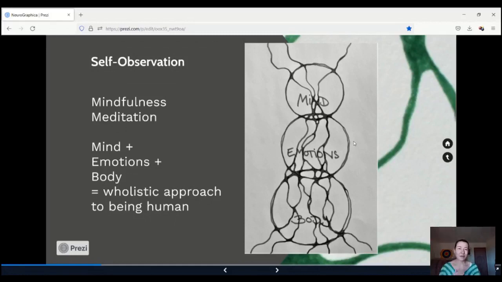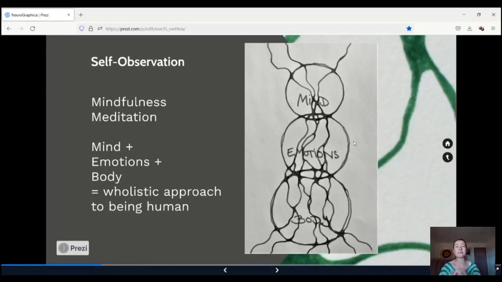With NeuroGraphica, that's not going to happen because an essential part of NeuroGraphica is to always check in with yourself to see what each element, what each part of the drawing is actually doing in your body, how it resonates in your body, how it resonates with your emotions. So it's a practice that is way beyond drawing, way beyond making art.